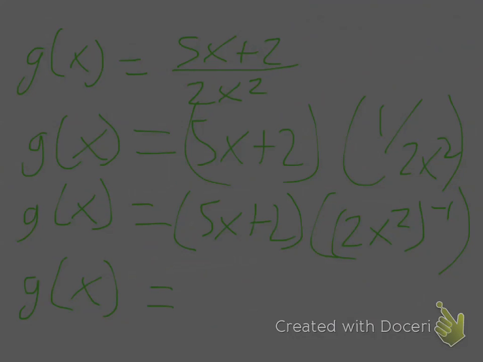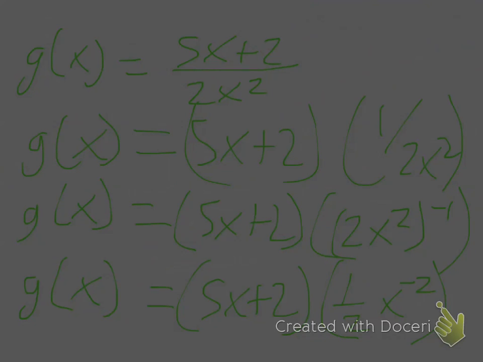In an instance like this, having 5x plus 2 times 2x squared to the negative 1, you have to raise both the 2 and the x squared to the negative 1 power. So you have 2 to the negative 1, or 1 over 2, times x squared to the negative 1, or x to the negative 2, because you multiply the exponents.